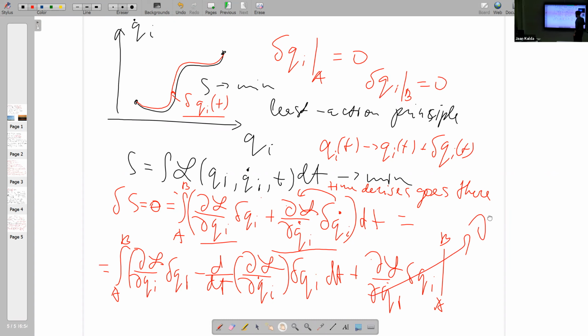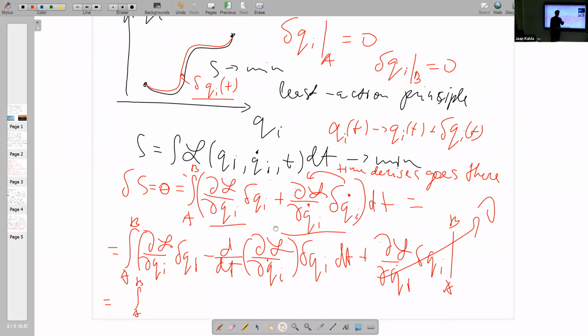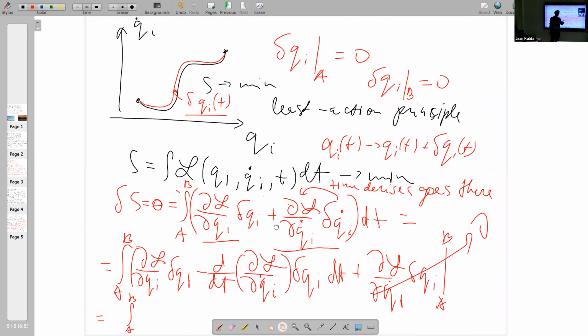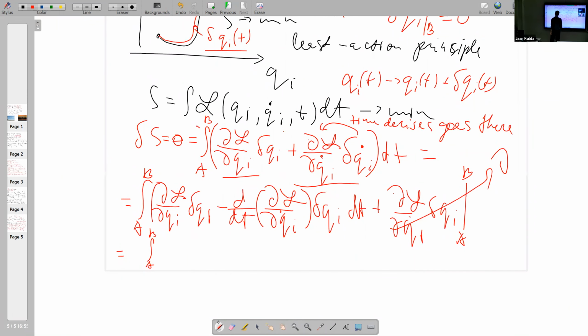And then let us see what we have. Then we have the integral from A to B, and let us bring delta qi in front of the braces.